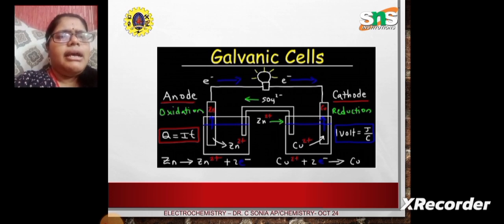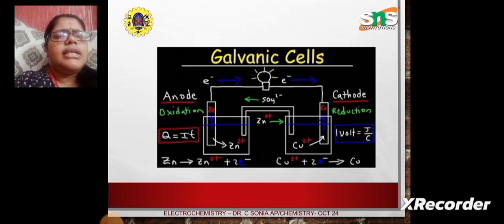At the cathode, you have the copper dipped in copper sulfate solution, and the copper ions are deposited on the copper electrode, and you have the salt bridge. At the cathode, the reduction reaction is taking place, and the electrons move from the zinc electrode to the copper electrode, whereas the electric current moves in the opposite direction.